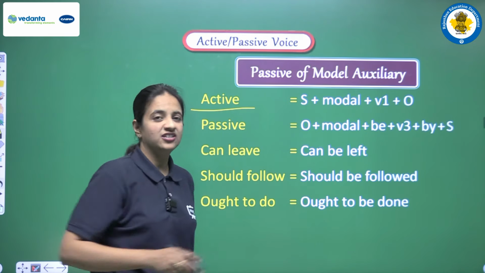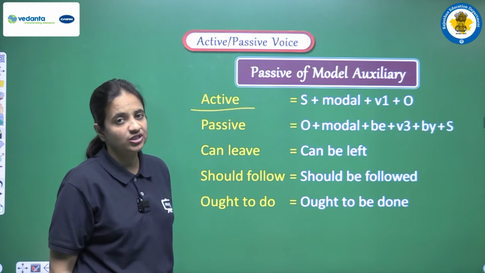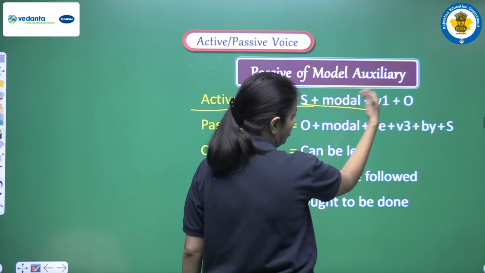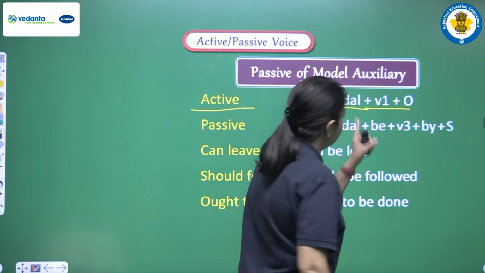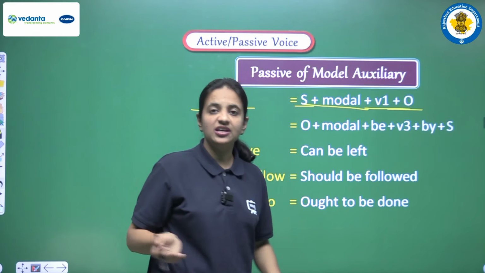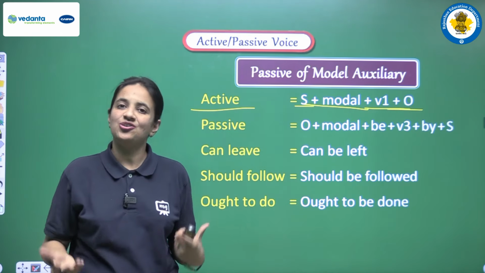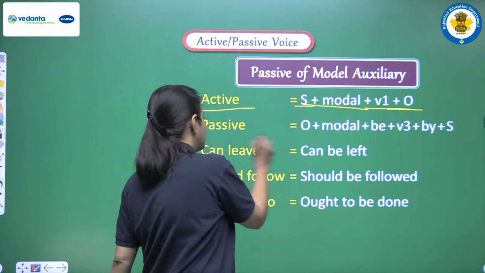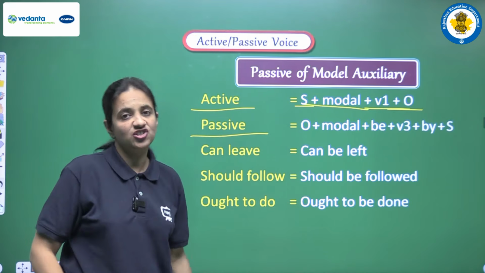First of all, let's see the structure of active voice. So what is the structure of active voice? First of all, there should be subject, after that any modal auxiliary. Then we all know that with modal we use first form of the main verb, and then there will be the object. Okay, so this is the structure of active voice. And now when we are converting such a sentence into passive voice, then what will be the structure? Let's see.